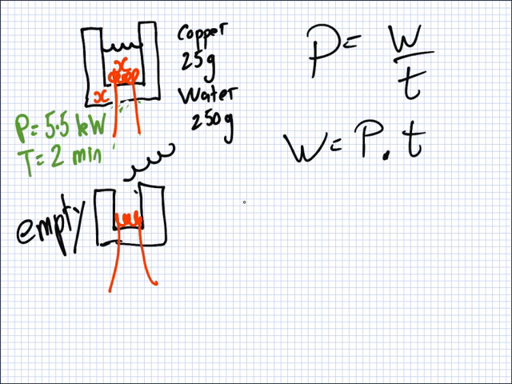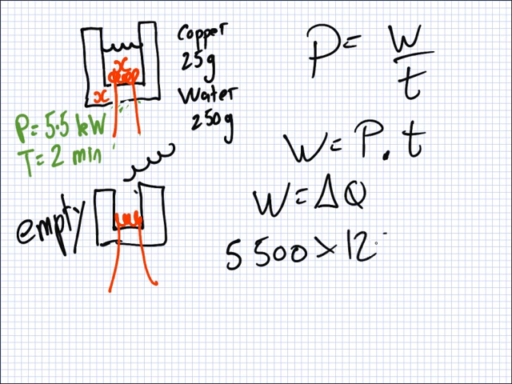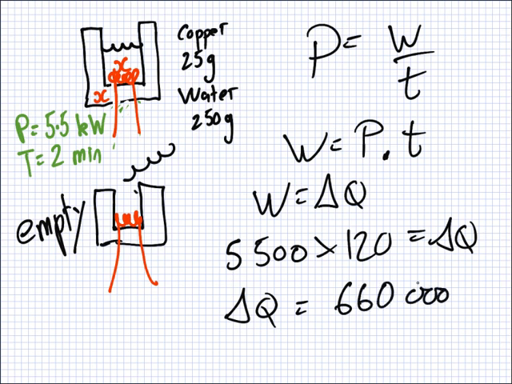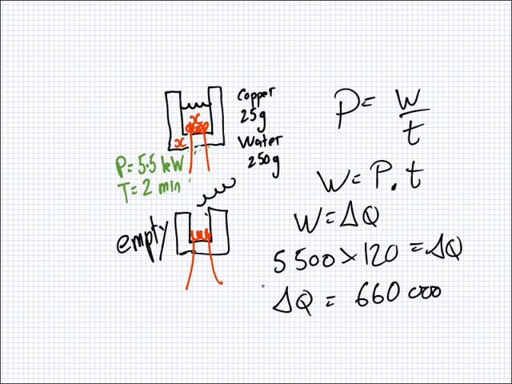So the work being done is the heat. So the W equals the delta Q. And that will be 5500 times 120. That's the delta Q. By the way, what is that? Delta Q equals 660,000 joules. Now, where did that energy go?